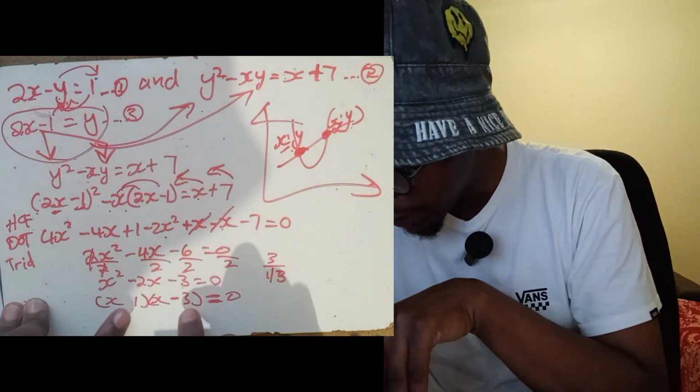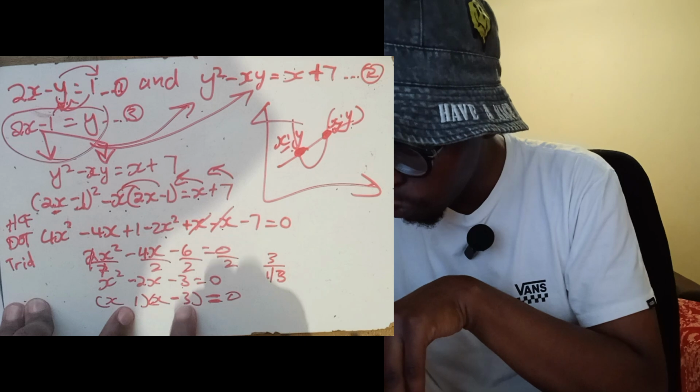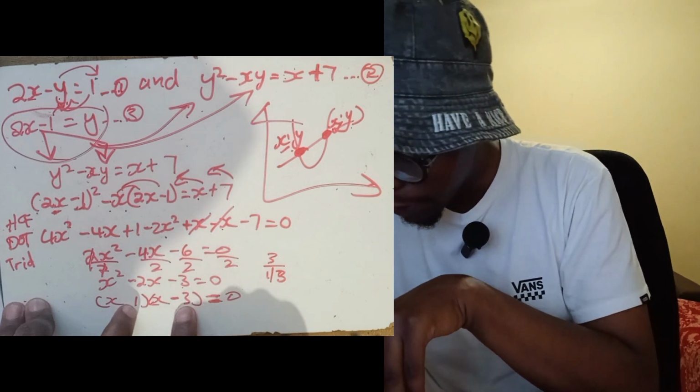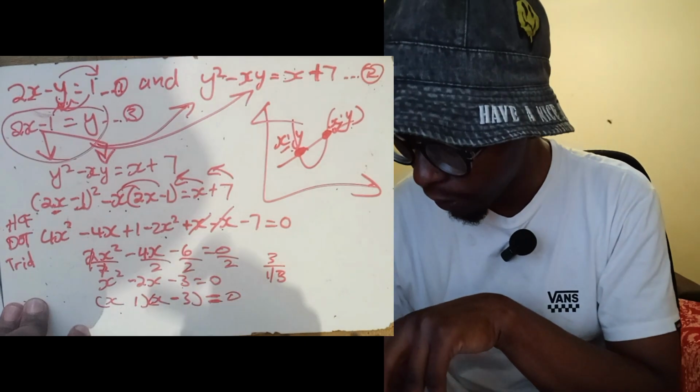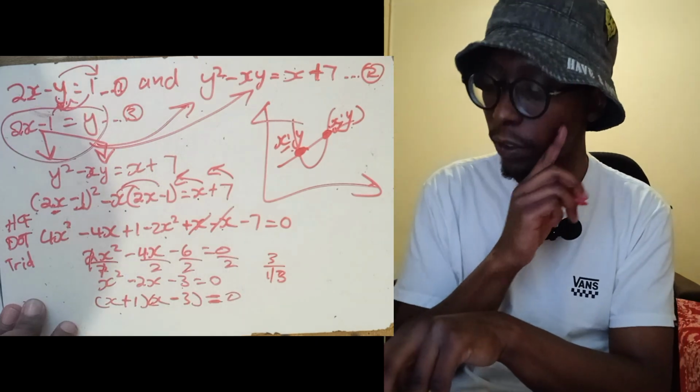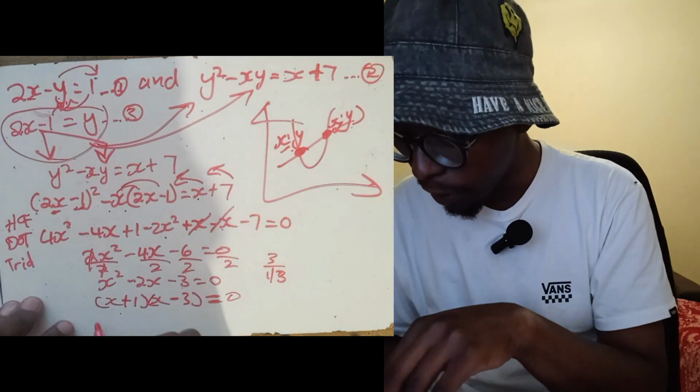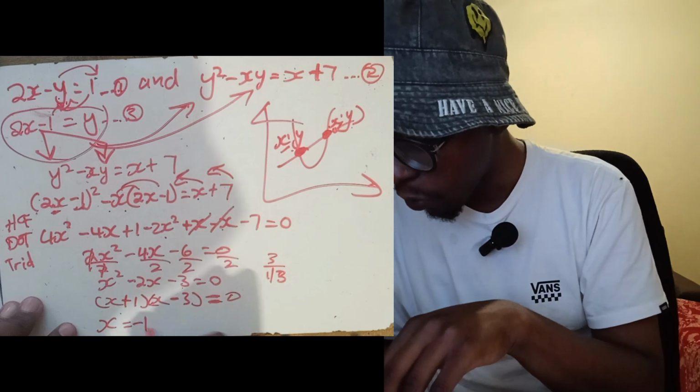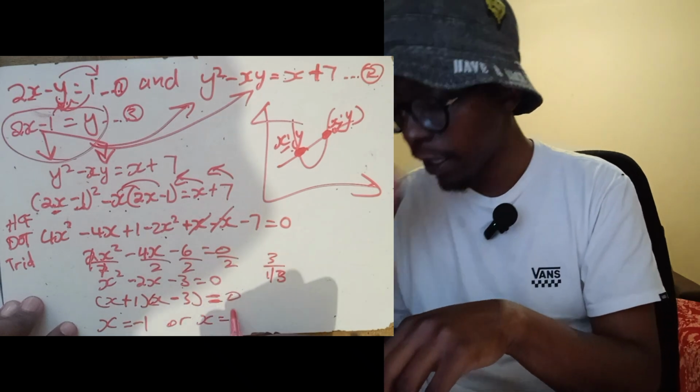If I want to get negative 3 when I multiply these two, 1 times negative 3 is negative 3, so 1 is positive. This means your x is either negative 1 or your x is 3.